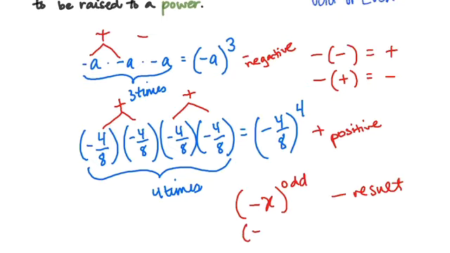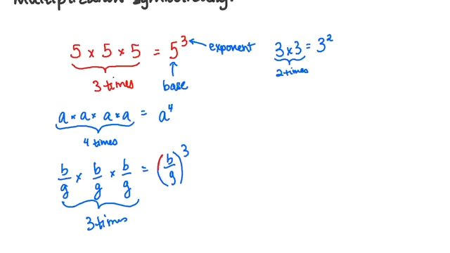And when your negative number or variable is raised to an even power, then your result is going to be positive. And so you can apply this to check your answer. So if you have a negative 8 and we raise that to the power of 7, that is an odd number, so I know that no matter what, my result has to be a negative result.